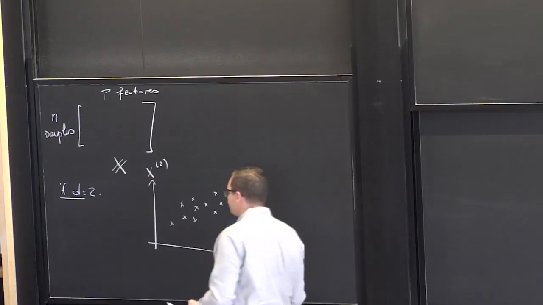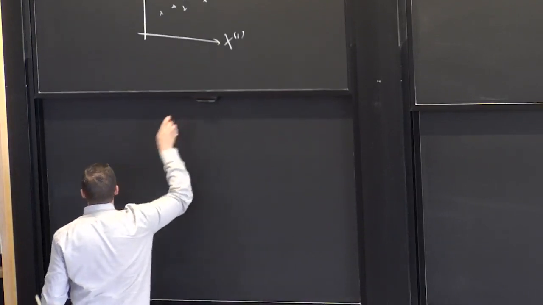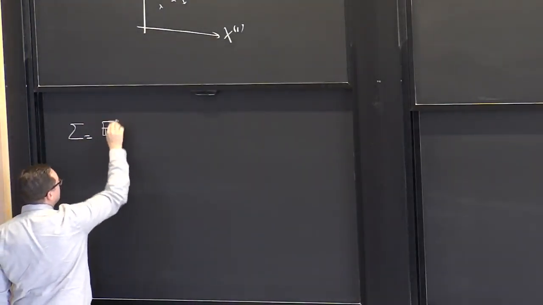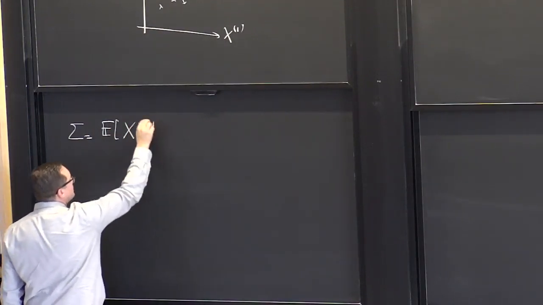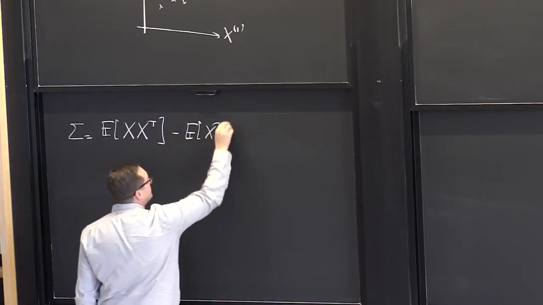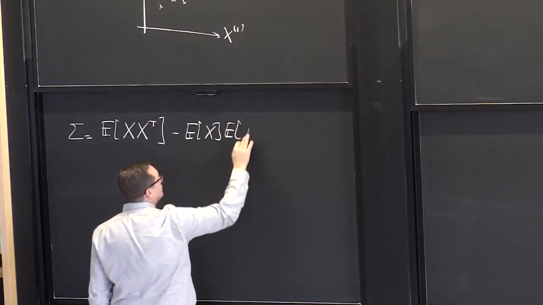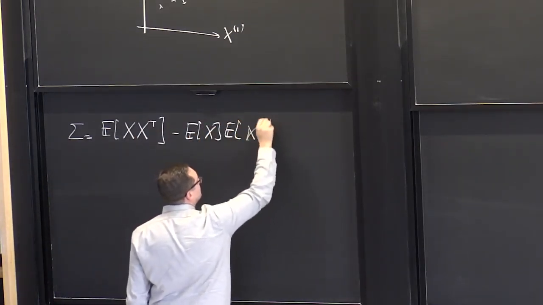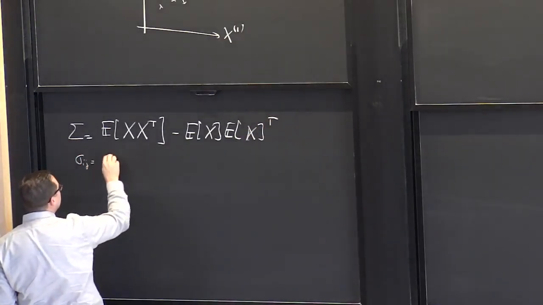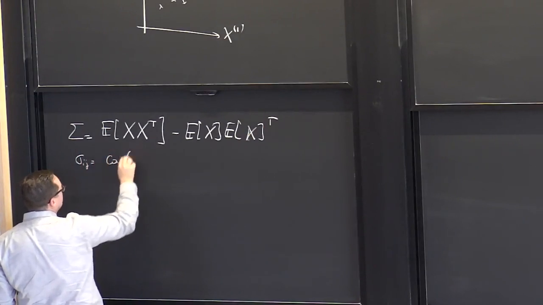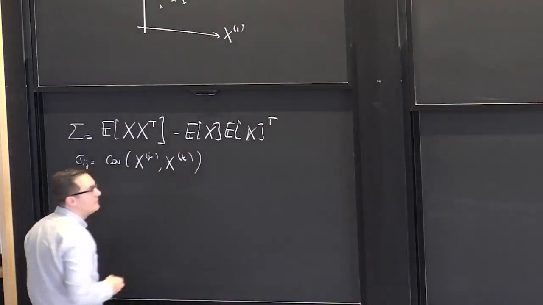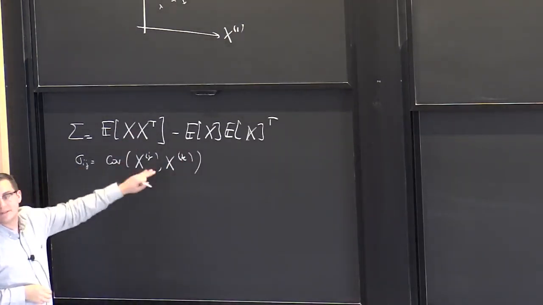So I claim that if I look at sigma, which is the expectation of x x transpose minus the expectation of x times the expectation of x transpose, then if I look at the jkth coordinate, so sigma jk, then this will actually be the covariance between xj and xk. Okay, the way I've defined it from the coordinates is actually the same by doing this.